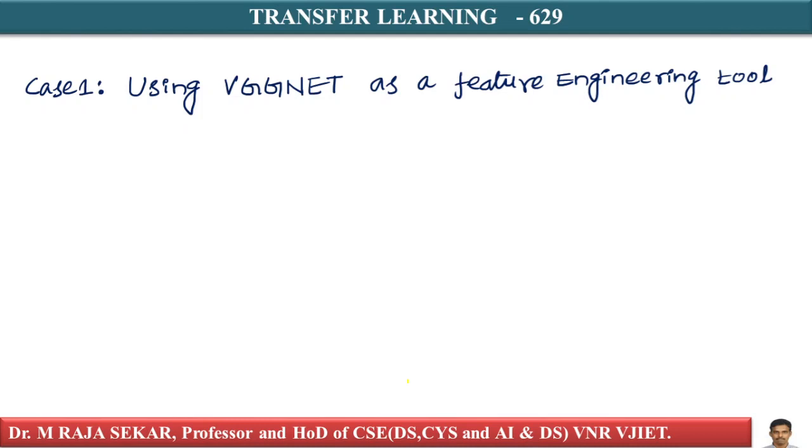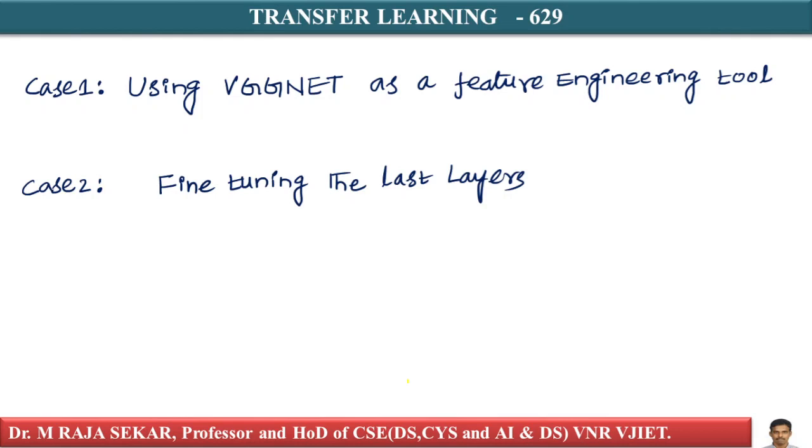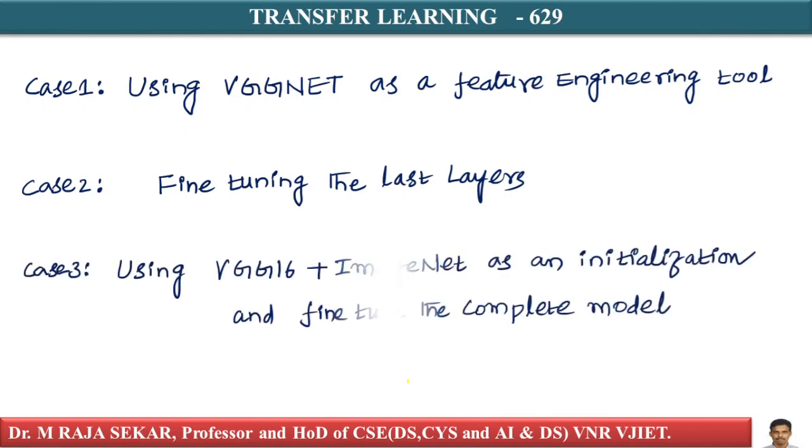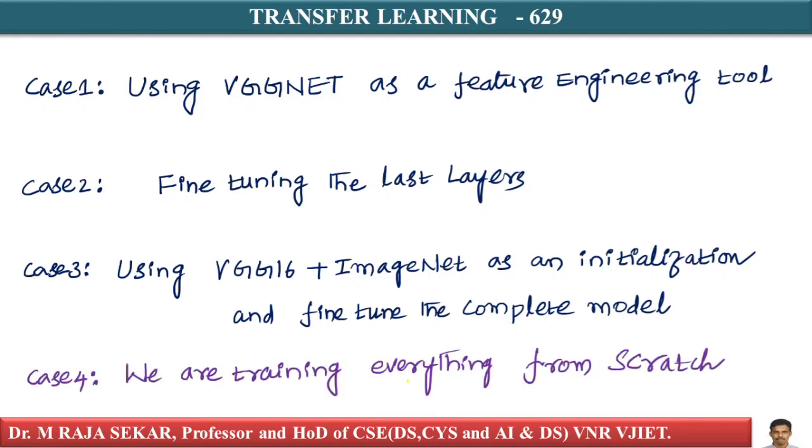In the second case, you are fine tuning the last layer. The third case is you are using VGG16 plus ImageNet as initialization and fine tuning the complete model. And in case 4, we are training everything from scratch.